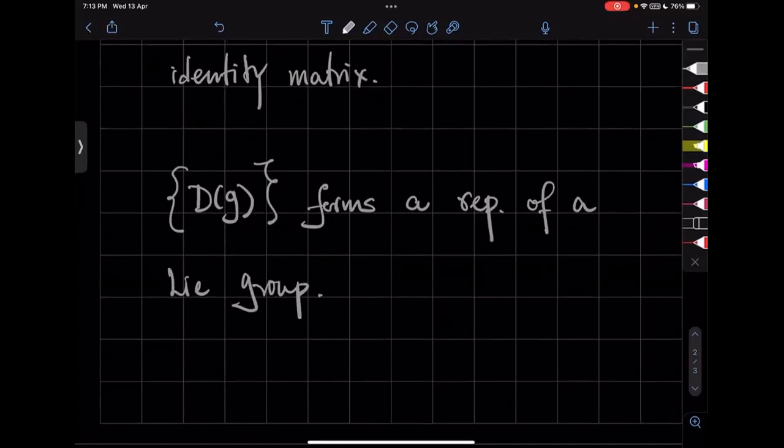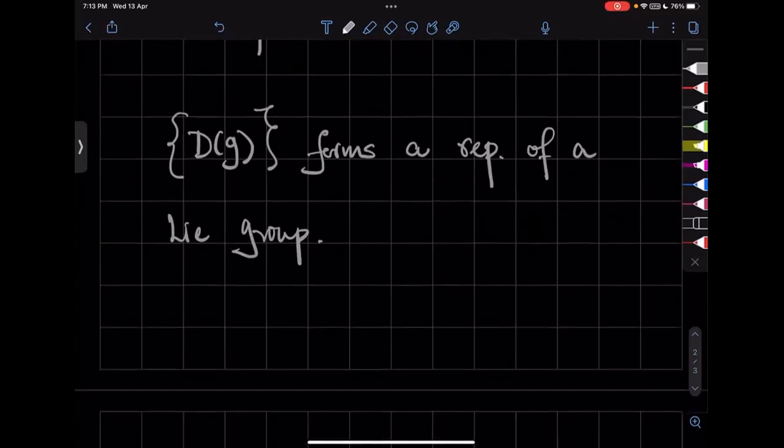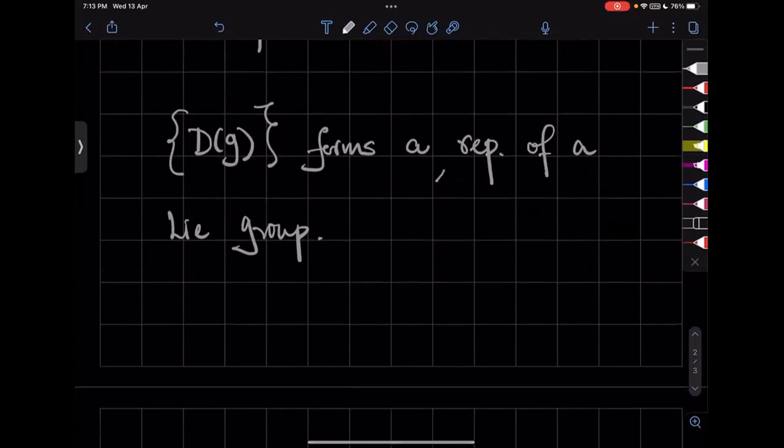So what does this mean? This means that D of G forms an irreducible representation.